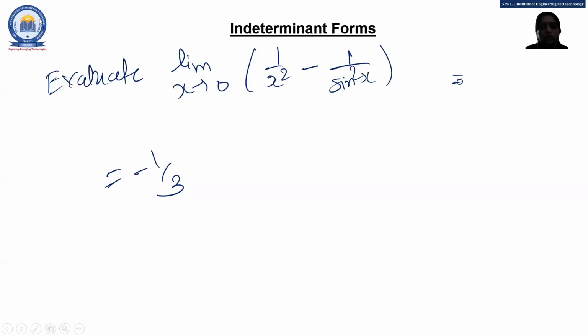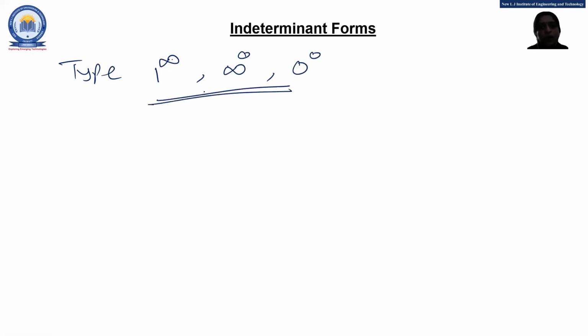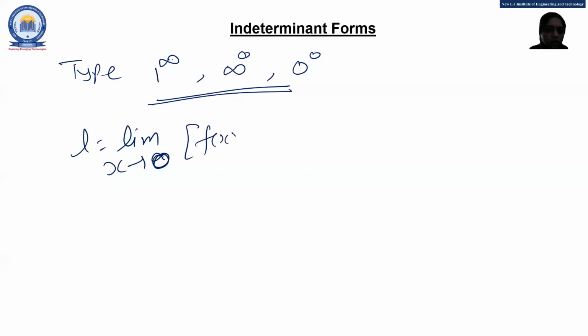So let's move on to the next type, and that is the type of 1 raised to infinity, infinity raised to 0, and 0 raised to 0. If you get this form of question, it means your given question is L equal to limit x tends to infinity or x tends to 0 of f of x raised to g of x, right?